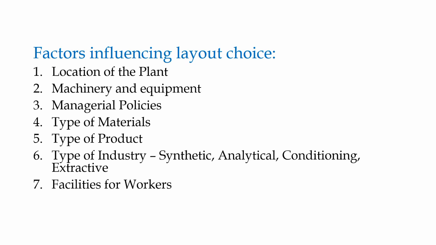Then conditioning industries, these will require some temperature and humidity conditions, and these are meant to make some products which are typical, especially the medicines, and then fruit pulp and some other products, textile also, yarn and other things, even the tanneries.